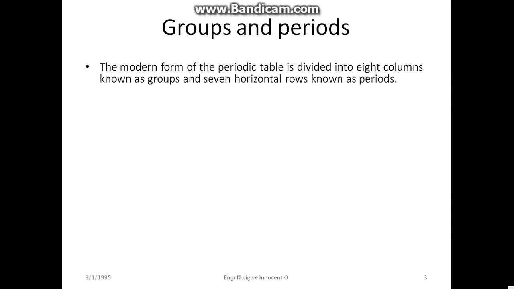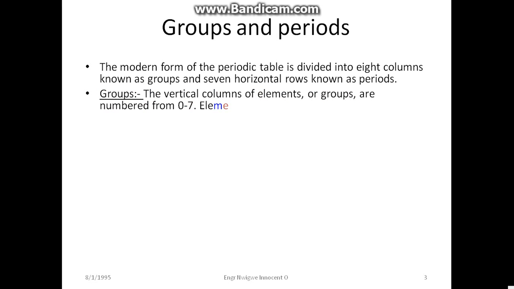Groups and periods. The modern form of the periodic table is divided into 8 columns known as groups and 7 horizontal rows known as periods. Groups. The vertical columns of elements, or groups, are numbered from 0 to 7.